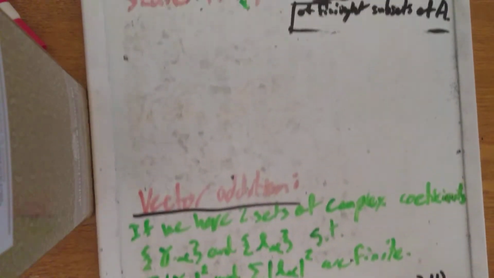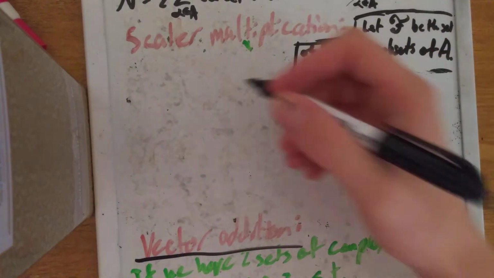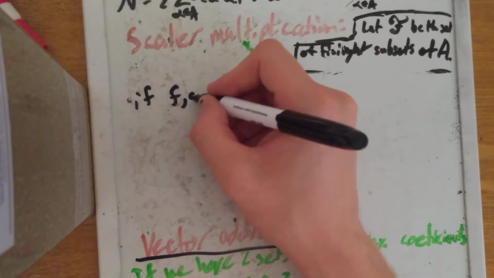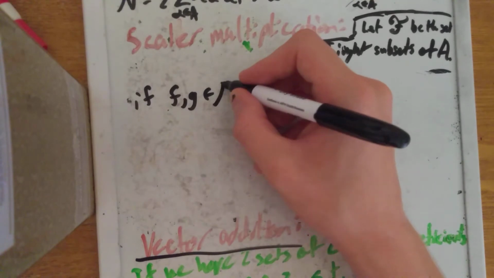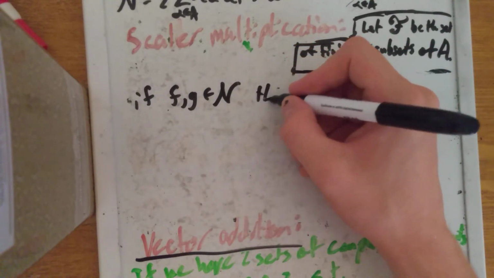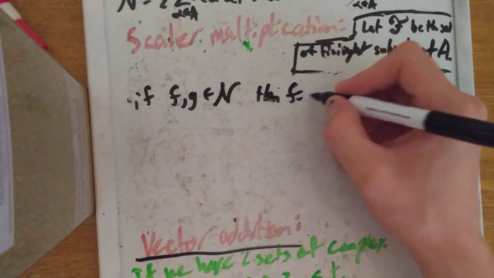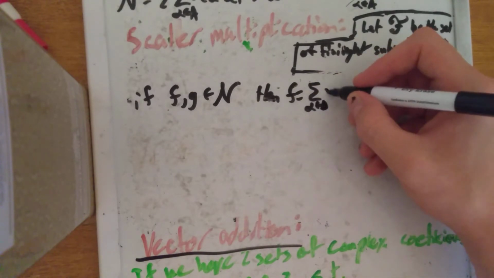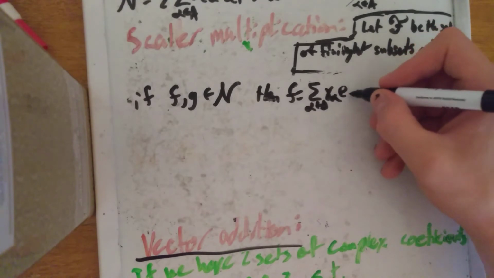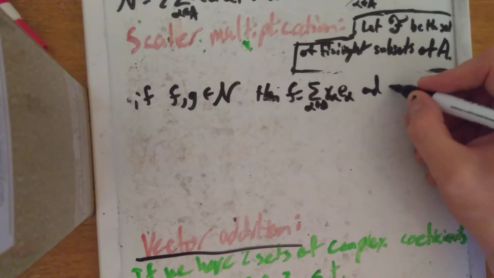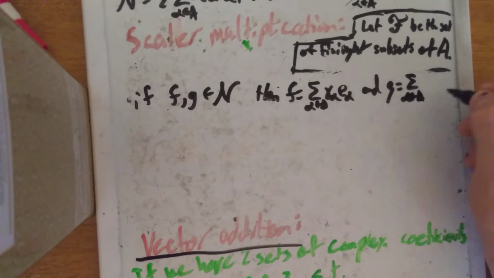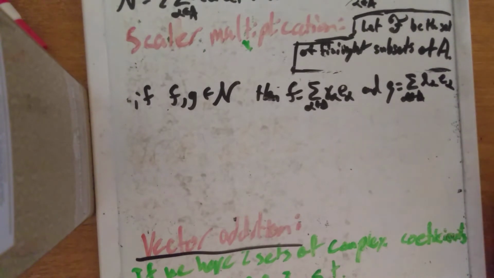So, this gives us vector addition, because if F and G are elements of N, then F is equal to some sum, alpha in A, of gamma sub alpha E sub alpha, and G is equal to some sum, alpha in A, of L sub alpha E sub alpha.